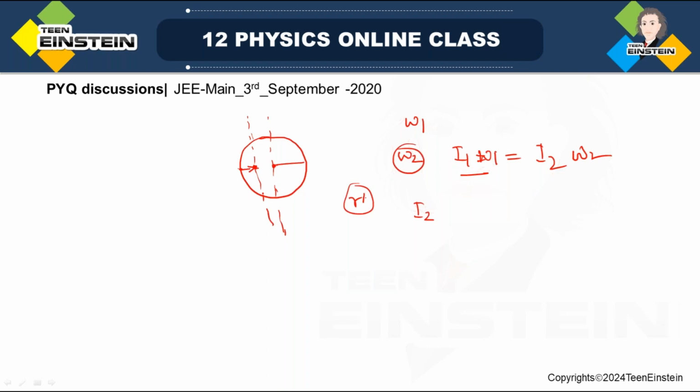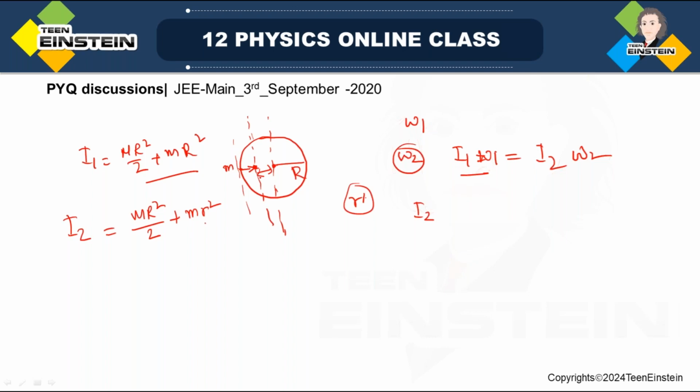Here I1 was the moment of inertia of this, with the parallel axis theorem at this position. Suppose this has radius capital R and this insect has mass small m, then I1 will be, if it is a circular thick disc like thing, M R square by 2 plus m small capital R square. Now this was I1, but I2 will be M R square by 2 for the disk, plus m small r square, and this small r you have to find out, which will be from the center.